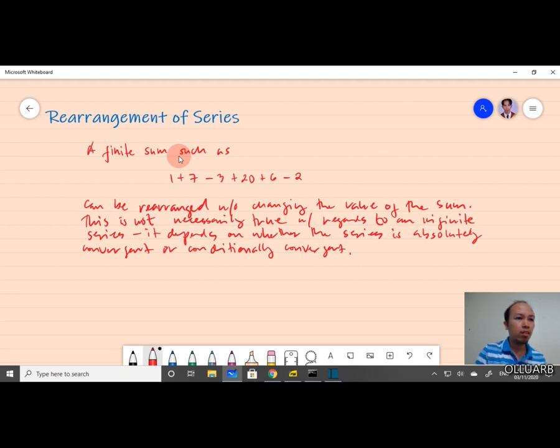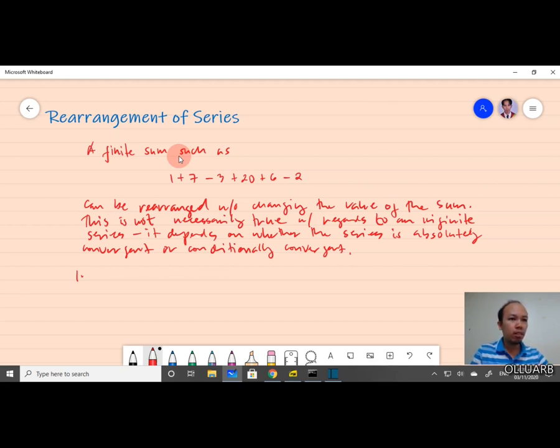Okay, so this is the answer to the question. It depends on the series, if it is absolutely convergent or conditionally convergent. So here, if your series is proven to be absolutely convergent, then rearranging the terms, the sum will be the same. Okay, but for a conditionally convergent series, if you rearrange the terms, then what will happen is you will have a different sum.